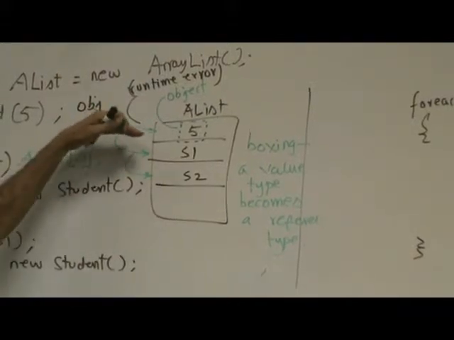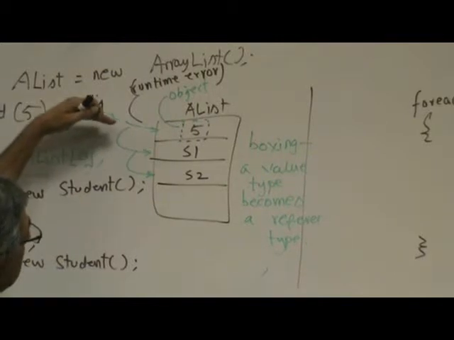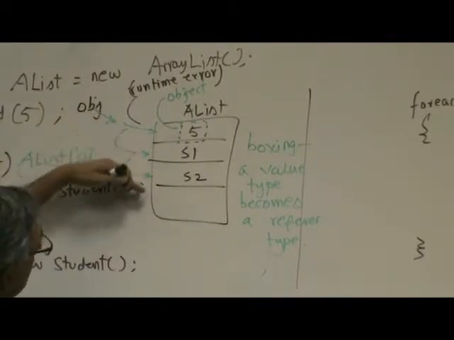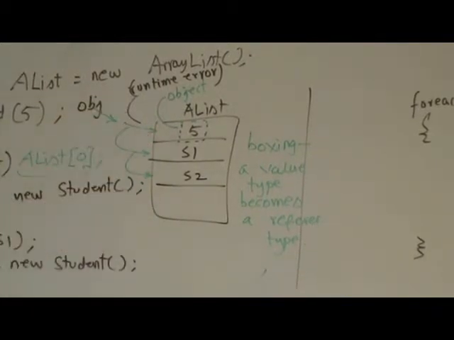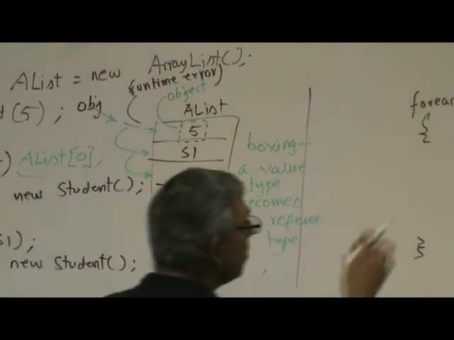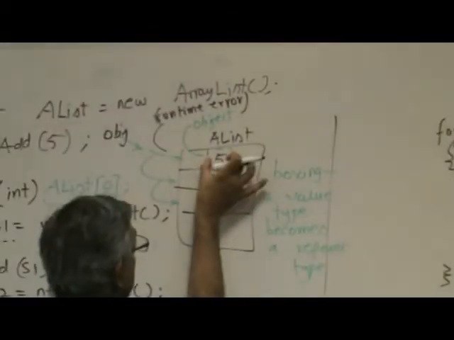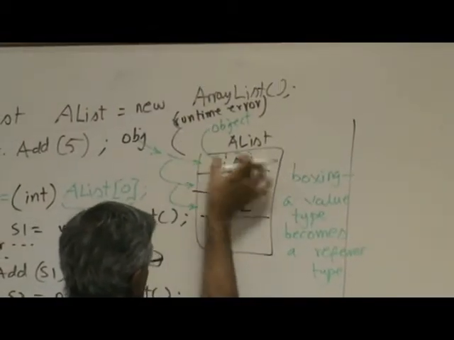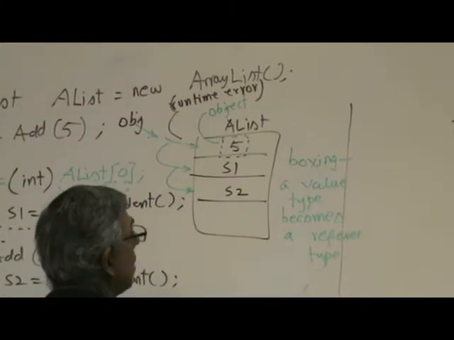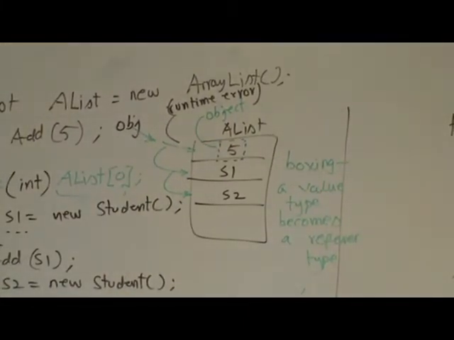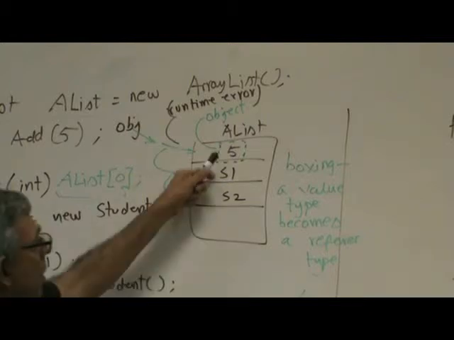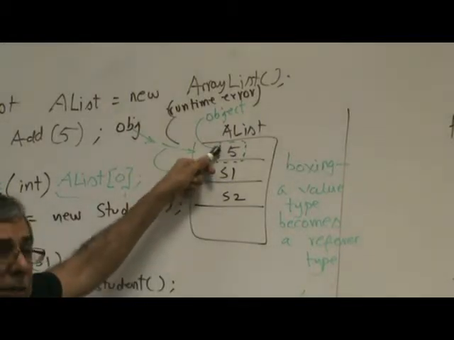So the criterion that our loop variable should be able to point to everything in the collection is satisfied, right? Now we check if obj is student. The very first time, with obj pointing over here, will it come back true or false? False, because it's a number, it's not a student.